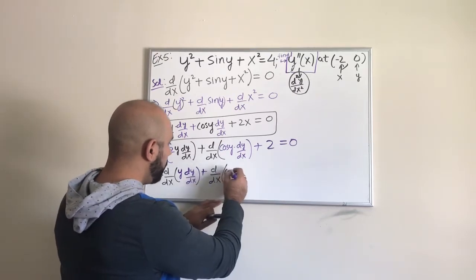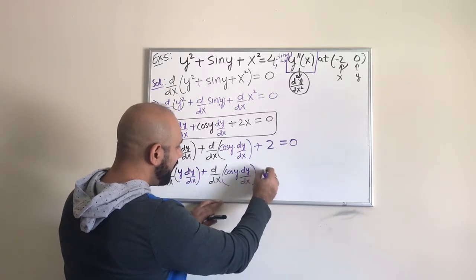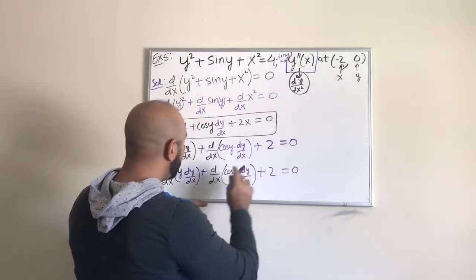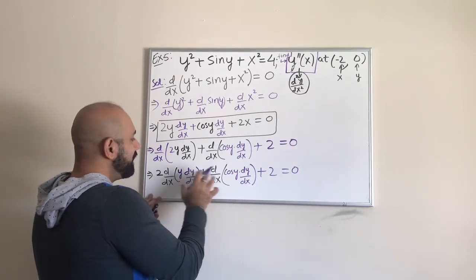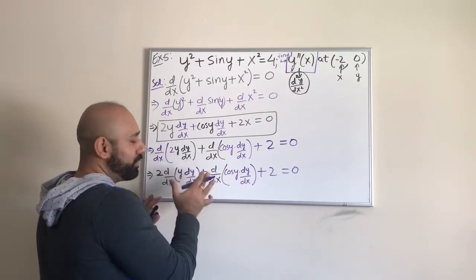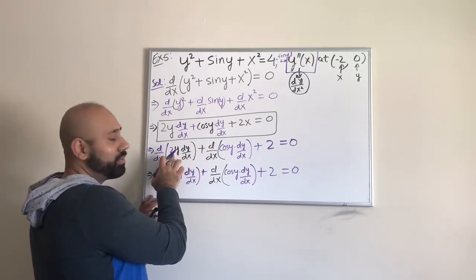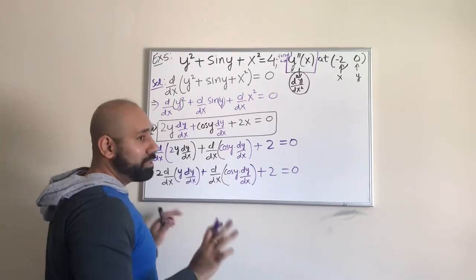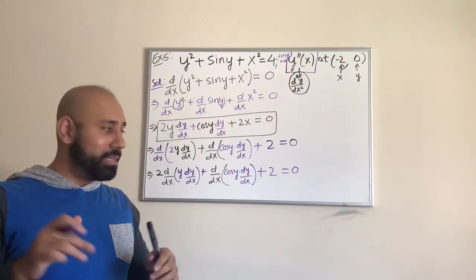So cosine y times, guys, it is usually a good idea to apply derivatives to both of these at the same time, and not apply to one of them and not apply to the other one. So from here to here, yes, I only did something to this first term. With this, I just rewrote it, but that is how you should do things, so that we are consistent and we don't make any mistakes.